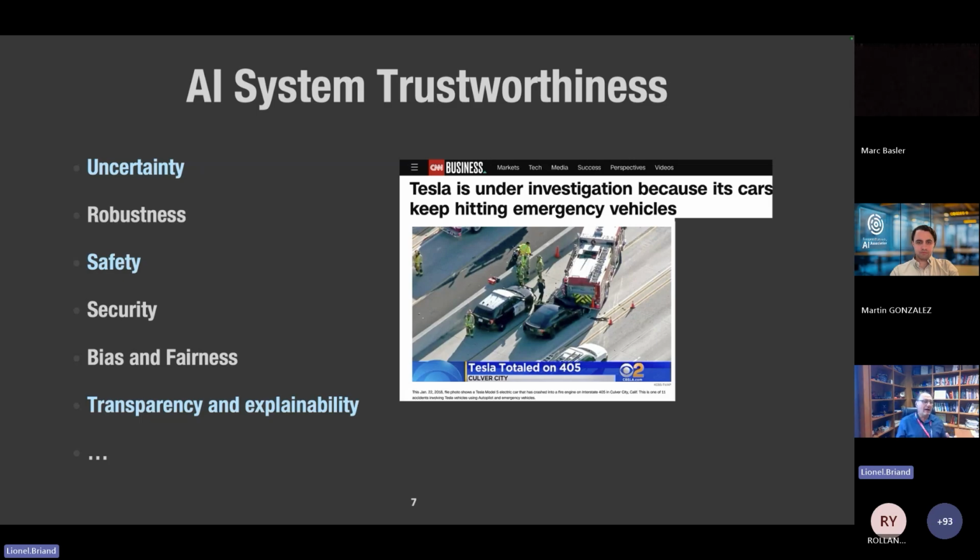Today, I will focus mostly on uncertainty and safety and some aspects of explainability. And as I said, my talk will focus on regular deep learning models, especially in the context of autonomous systems and in particular the perception layer.